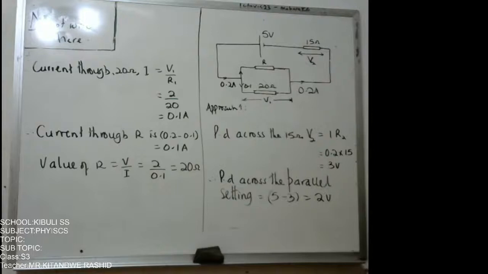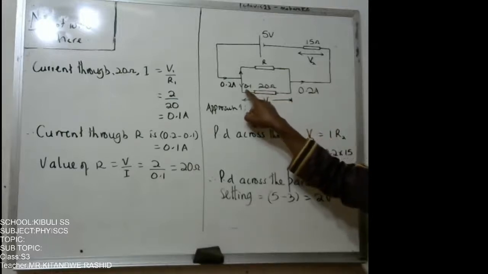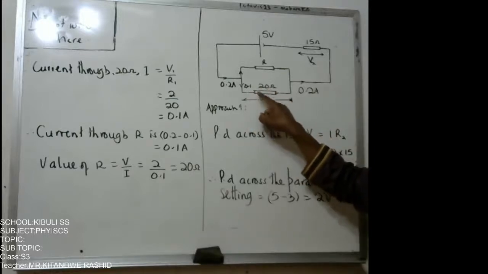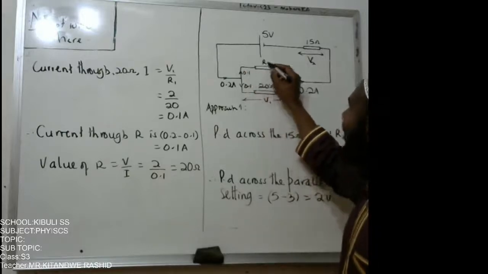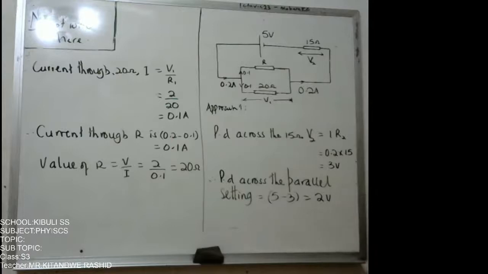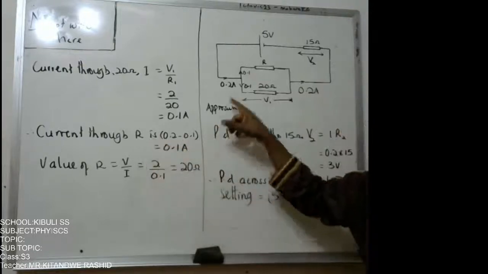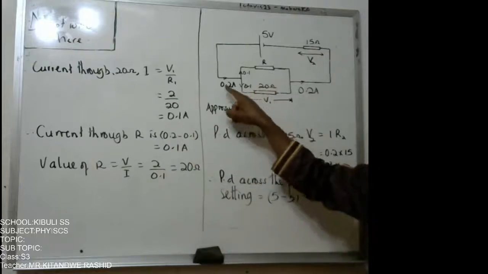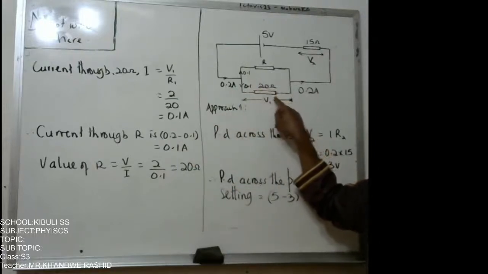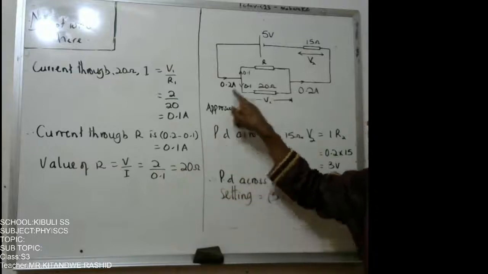The remainder passed through R. In fact, knowing that this is 0.1 and the other is also 0.1, it automatically tells you that the other one is also 20 ohms. But not taking things for granted, we say the current through R, which is unknown, is going to be 0.2, subtract off the one that has been consumed by the 20, and the remainder will be for R.